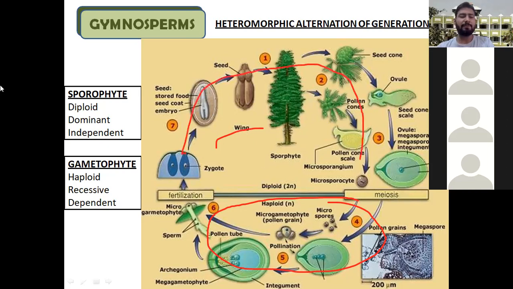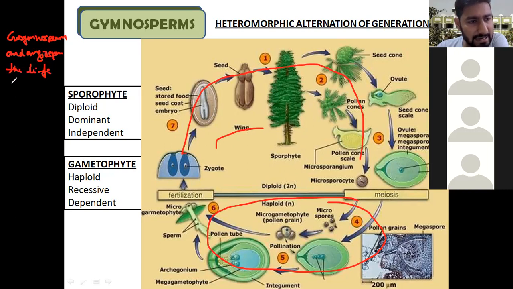In this way, in gymnosperm and angiosperm, the life cycle is diplontic type. Clear? The plant generally represents the diplontic type of life cycle, meaning the dominant stage is always 2n.